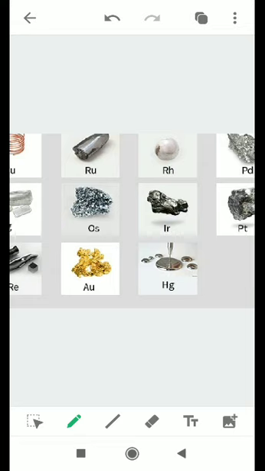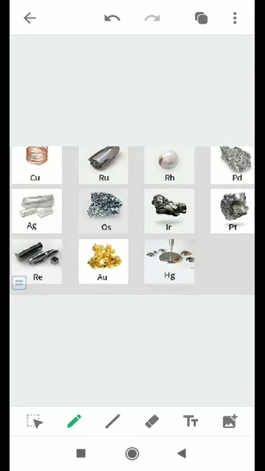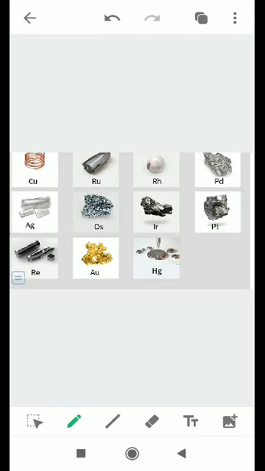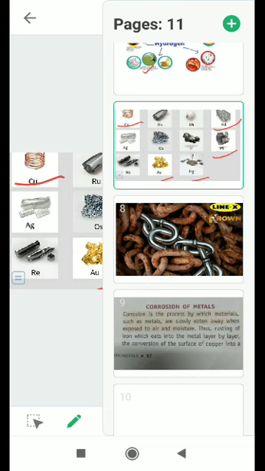They are also used for making jewelry, electrical gadgets, and electrical wires. Examples are copper, silver, gold, mercury, iridium, palladium, platinum. These are the very common noble metals which we use.